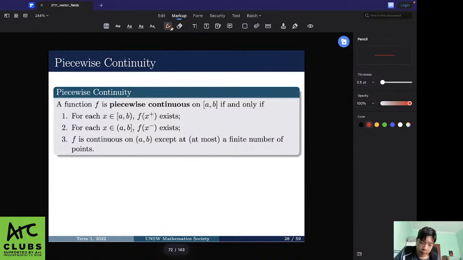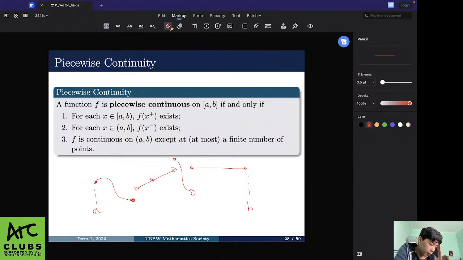So, if we look at an example, it might be like this, where it's going to be defined here, but maybe not here, defined here, not here, and defined at these points. So maybe this is our b and this is our a. So this is an example of a piecewise continuous function.